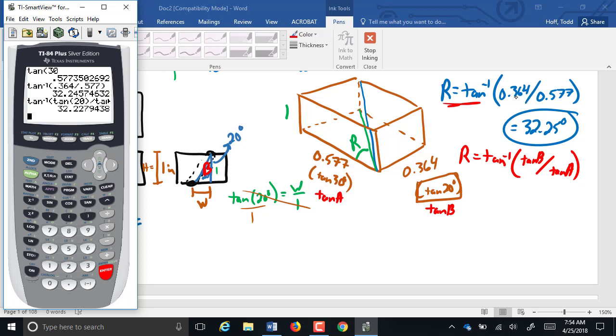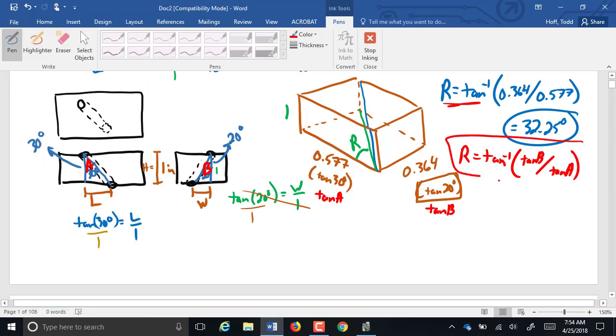That was really 0.3637. So that's actually more precise. But that is a formula given in the book, that R is the inverse tangent of the tangent of B divided by the tangent of A. That's why I chose that thickness, or that height, to be 1, because this is just the tangent of 20 and the tangent of 30.